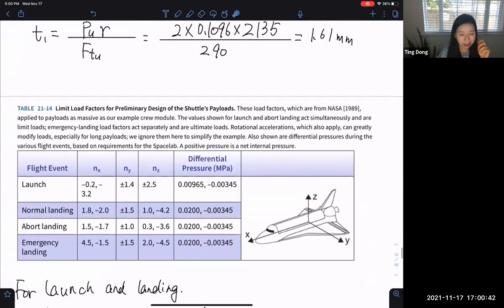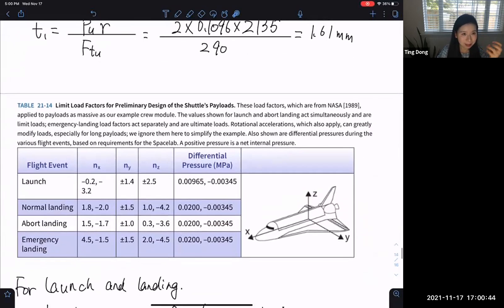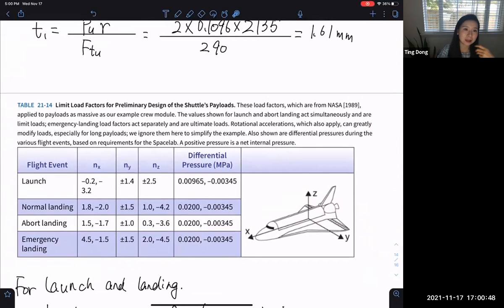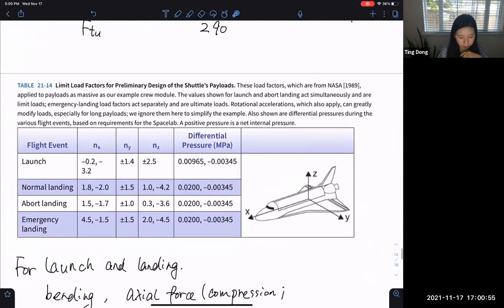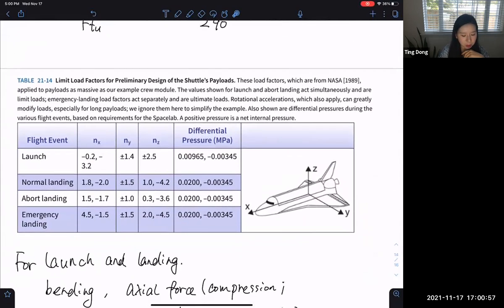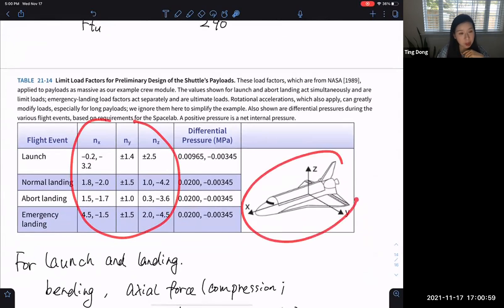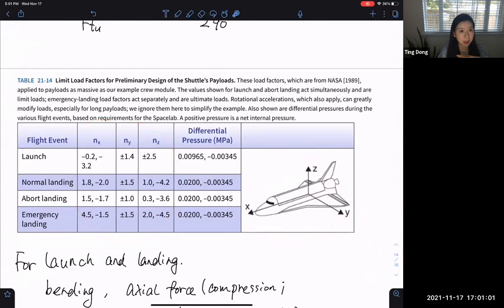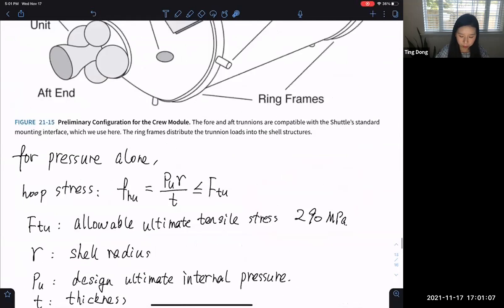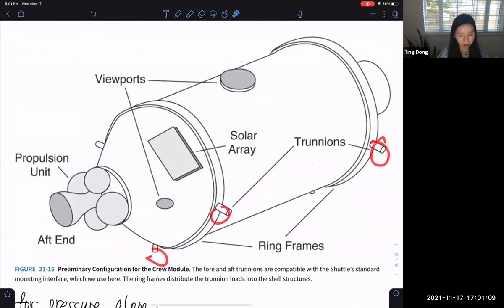And now let's consider the launch and landing. Of course, as I said, for the launch and landing, there is a very strong, large compressive load on the structure. And this is the load factor in 3 directions for the space shuttle. This load factor will transfer to the crew module through the attachment, right?